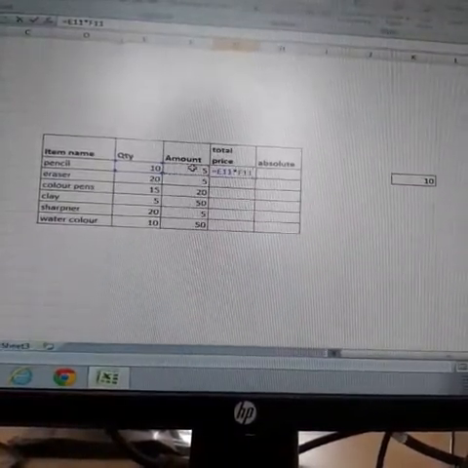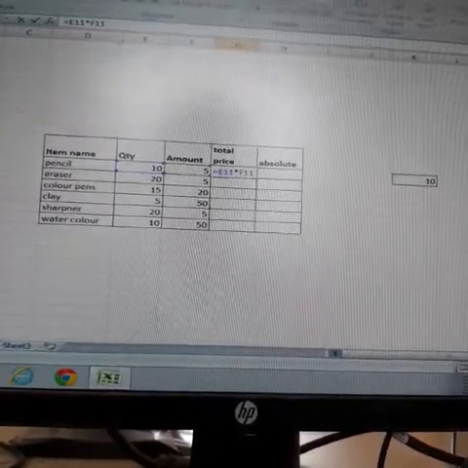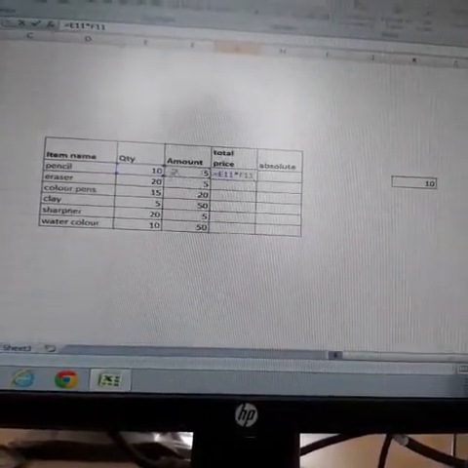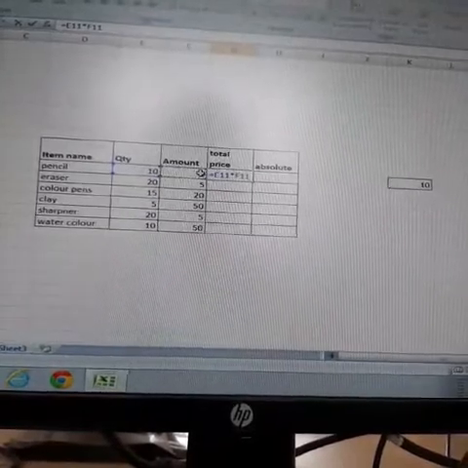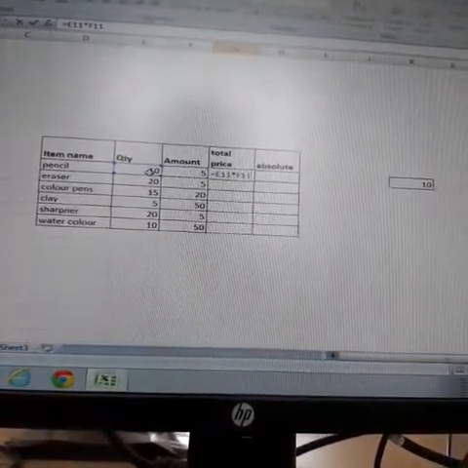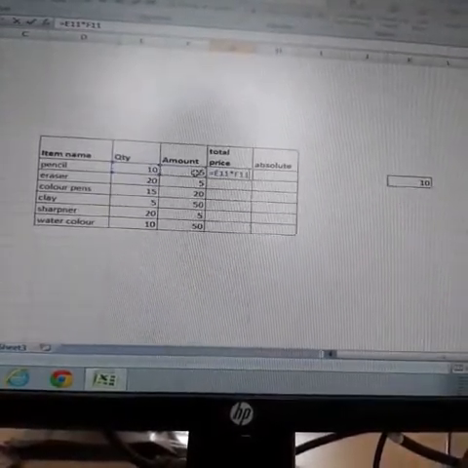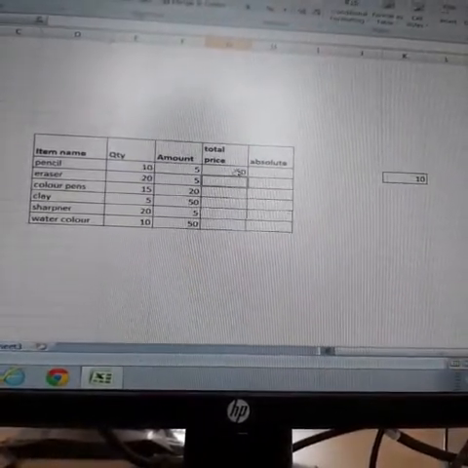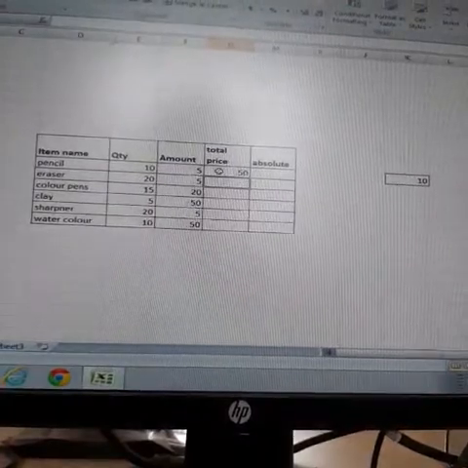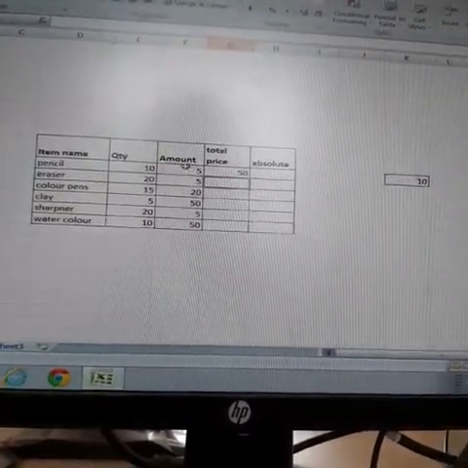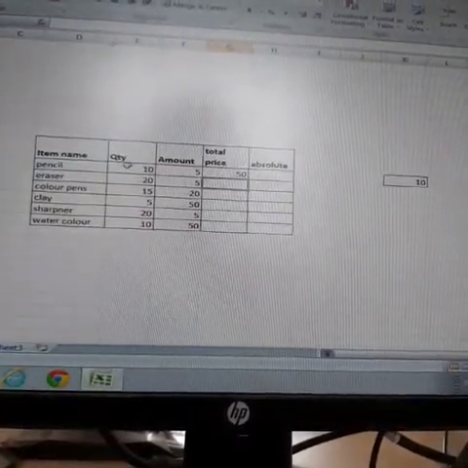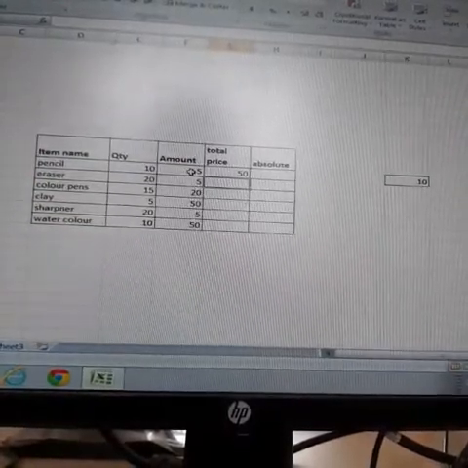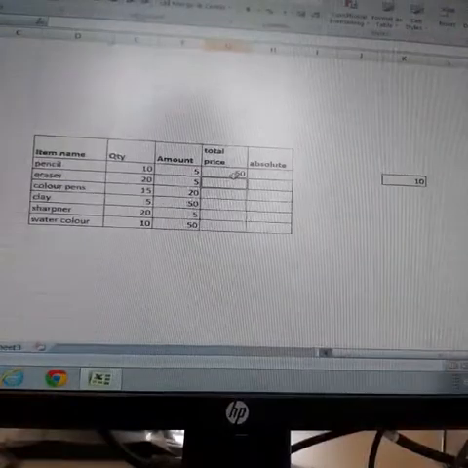Whenever I write this formula, it will give me the total amount of that particular item with all its quantity. So when I press enter, I will get the price. See, this is the price of pencil, total quantity is 10 and the price of one pencil is 5, then the total price will be 50.